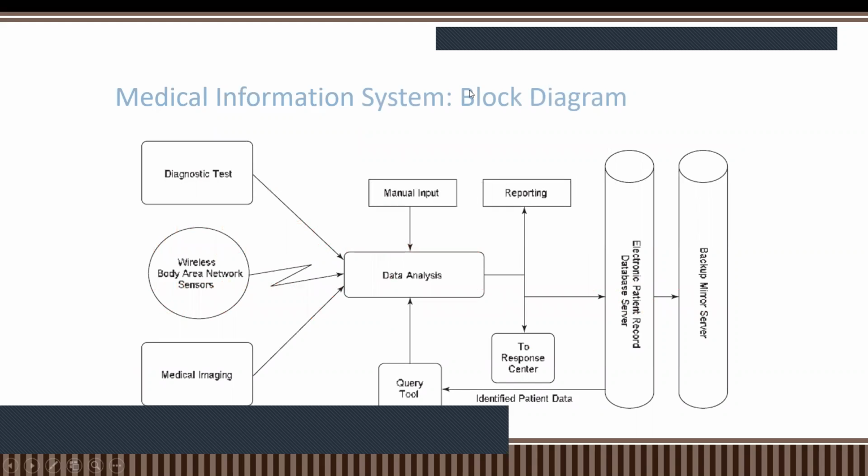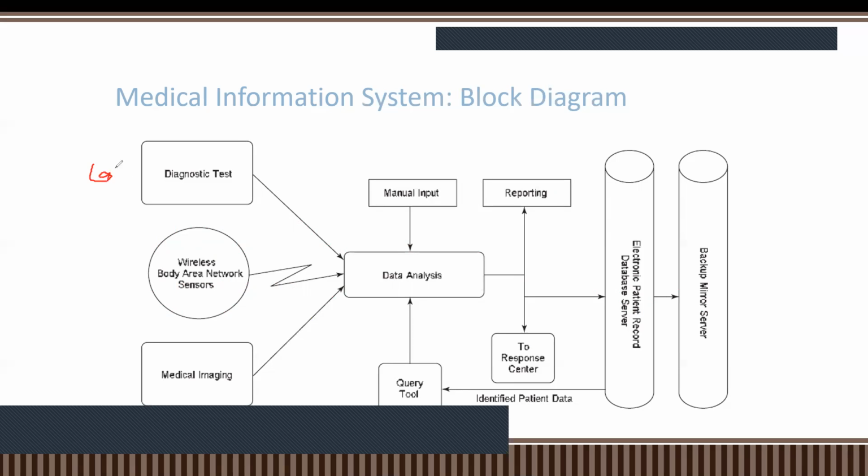This is a setup which we have already gone through in one of our previous lectures. This is one view of a medical information system, which may be in use at different departments of the hospital or medical facilities. There is a clinical lab.